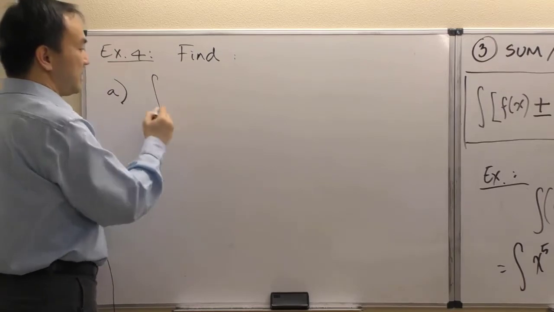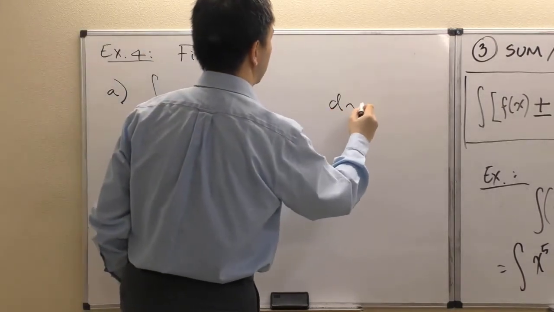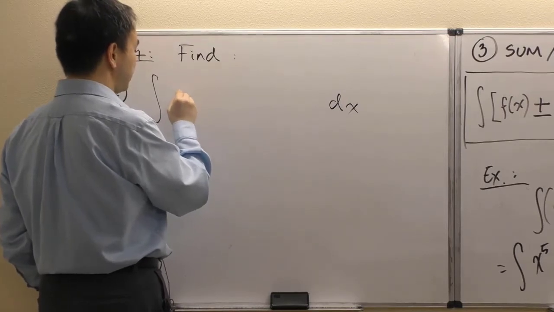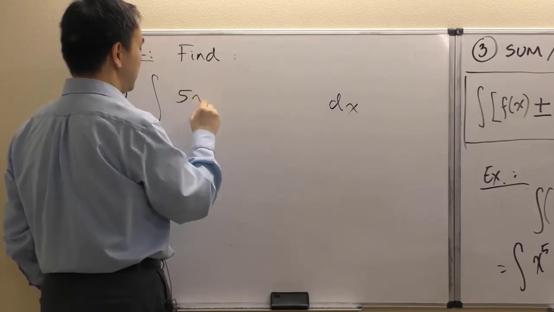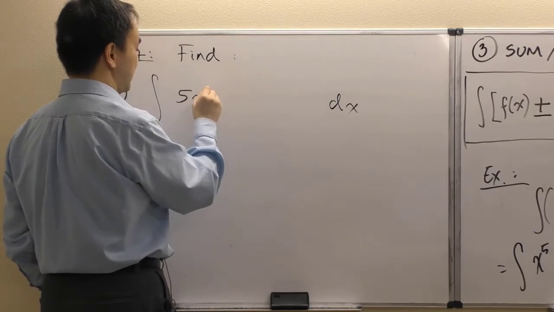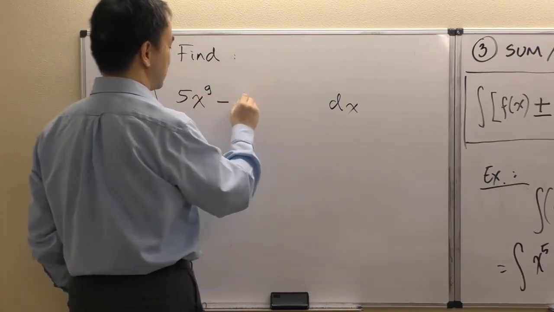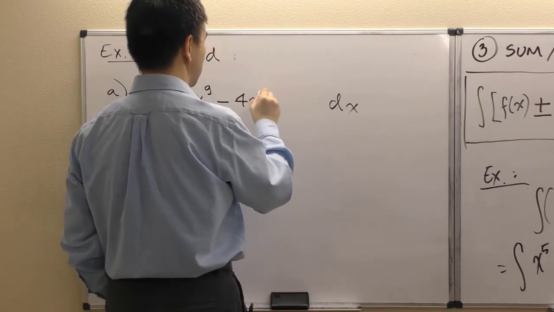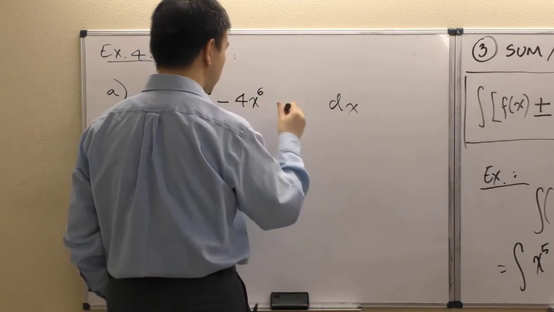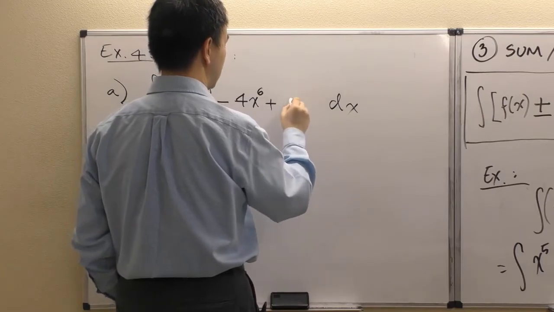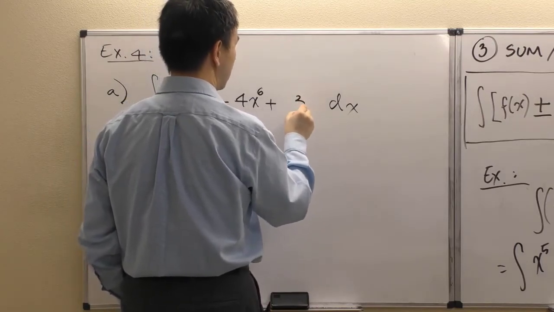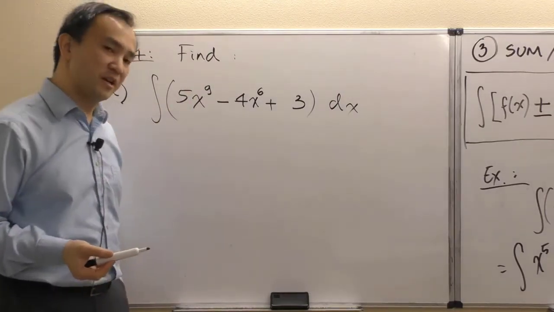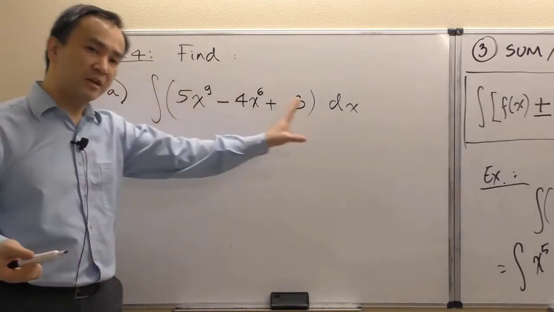We want to find the antiderivative of our function, being 5x to the 9th minus 4x to the 6th plus 3. One function being a polynomial, 3 terms.